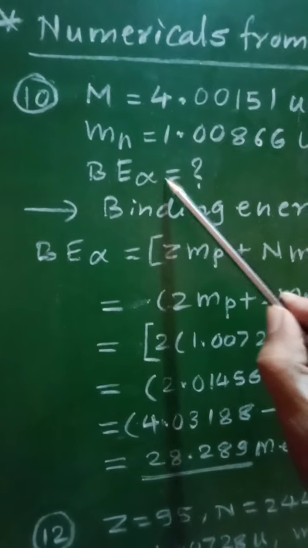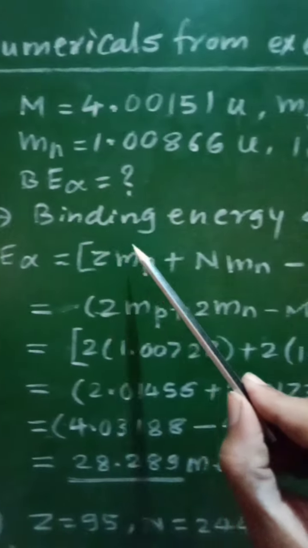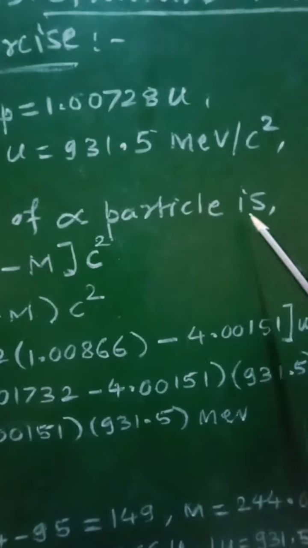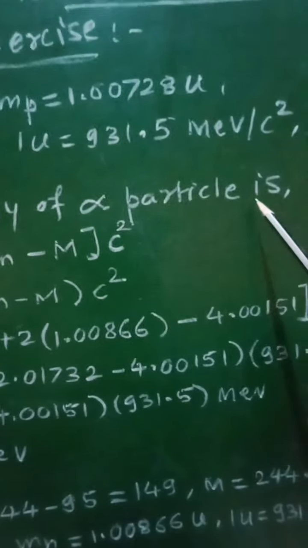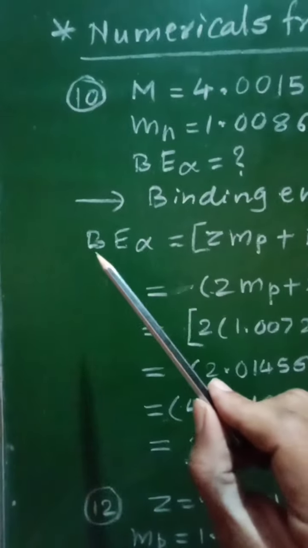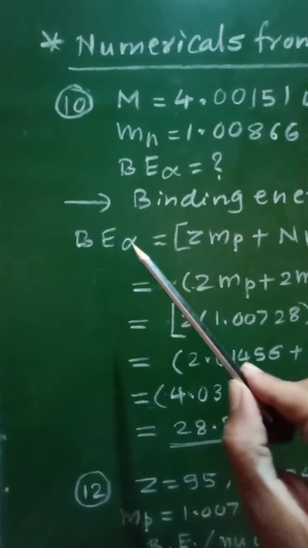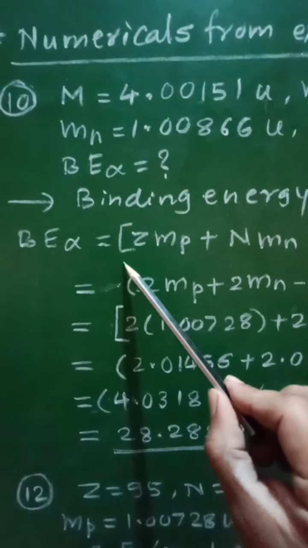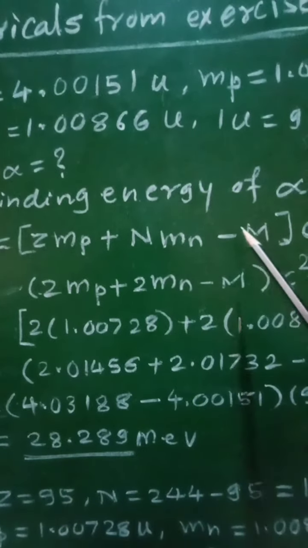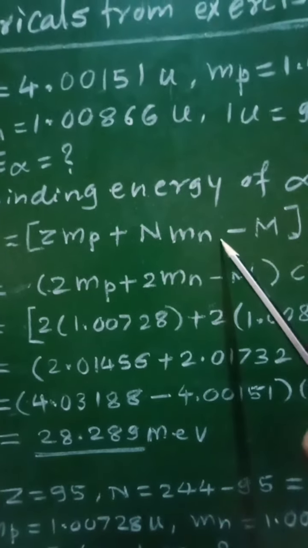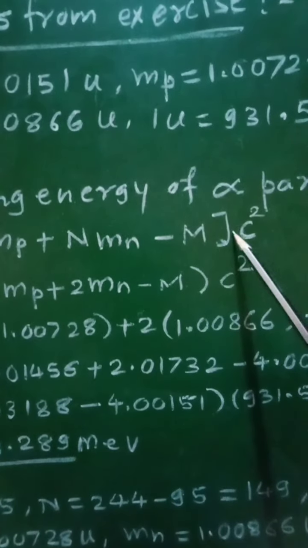Now the binding energy of alpha particle will be given as delta m c square, where Zmp plus Nmn minus m will represent delta m into c square.